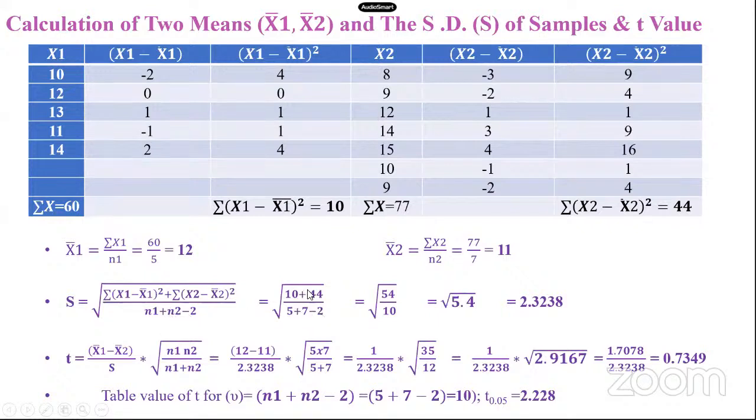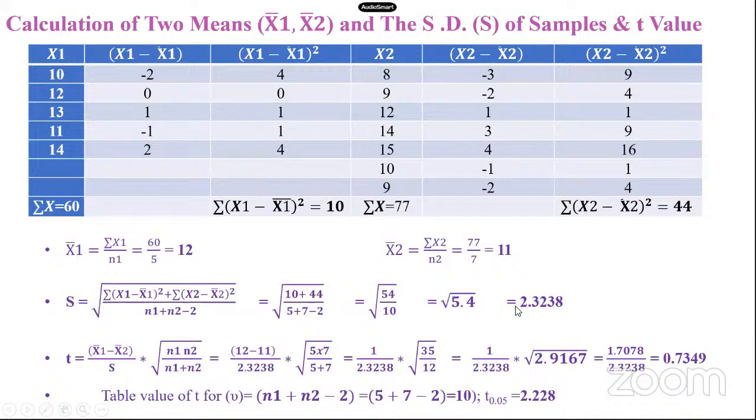So 10 plus 44 divided by 5 plus 7 minus 2 is 54 upon 10, which is 5.4. Taking the square root, it comes to 2.32238. This is the standard deviation.